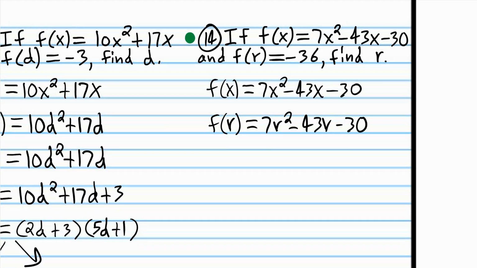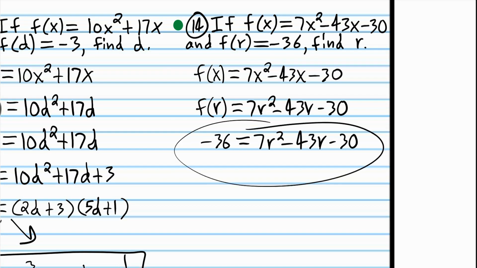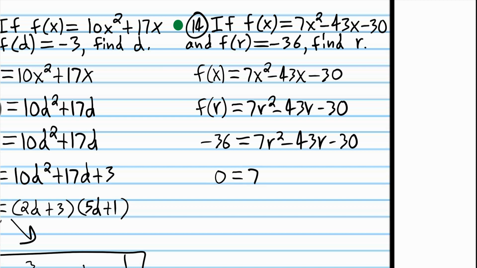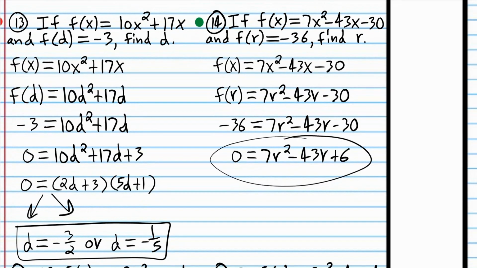But we're also told that if you plug in r, you get negative 36 as the output. So now we have a quadratic equation. I can't solve it unless I put it in standard form. So I'm going to add 36 to both sides. And now our quadratic is in standard form, and we're going to factor.